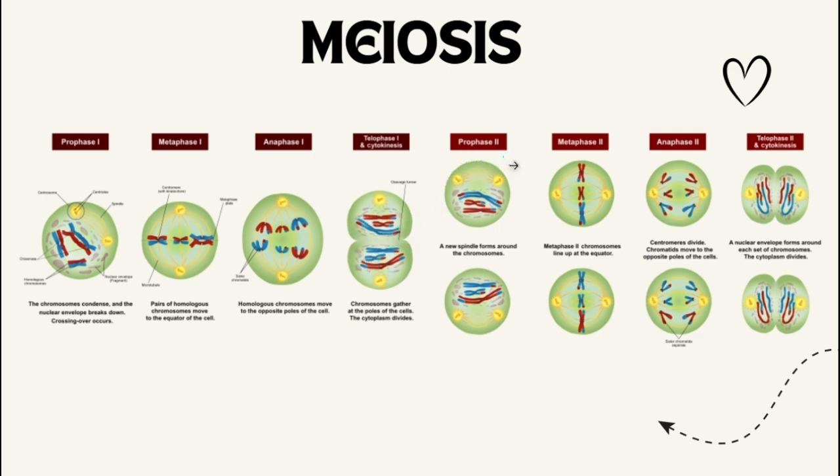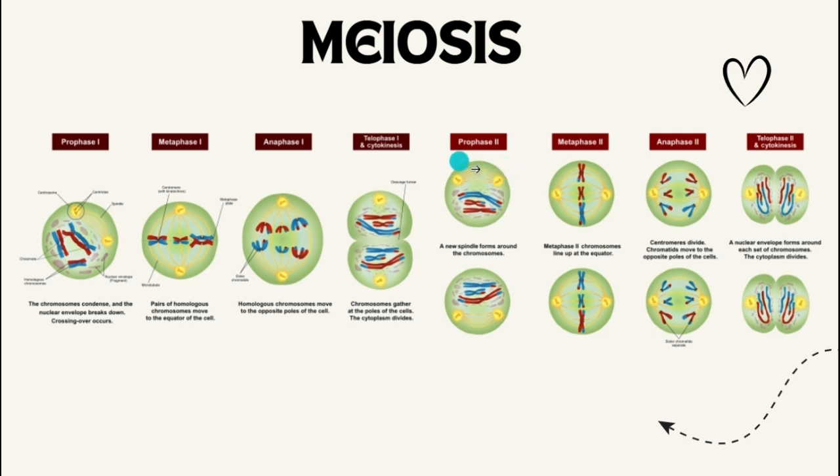So now prophase 2. But bear in mind, even though it's splitting into two, it doesn't necessarily split completely, right? It's got the pinch off right here. But in prophase 2, it's basically the same thing that's going to happen.